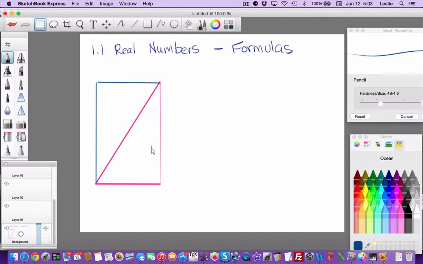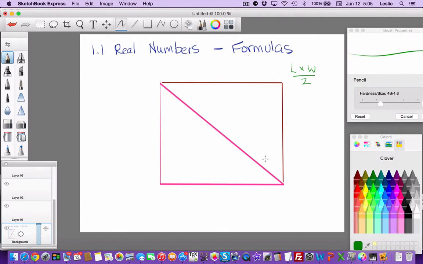For each one of these rectangles, the area inside the entire rectangle is the length of the rectangle times the width. But that's this whole rectangle. The triangle is only half of that. Length times width divided by 2.